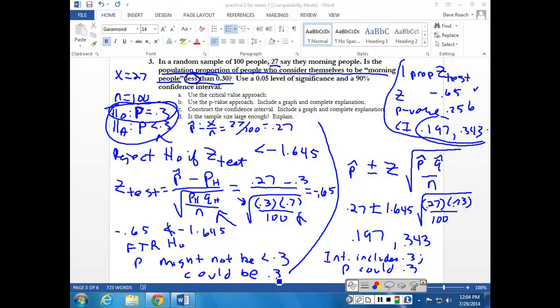It's the same thing, but it's probably a little better. We can't say it's less than, so it could be 0.3. And the same thing here, it could be 0.3 because 0.3 is in the interval. Questions on what's up here?